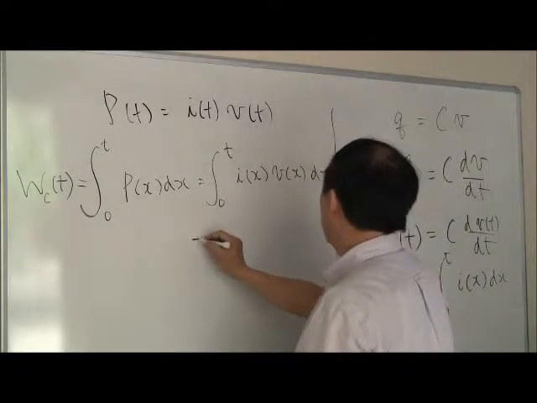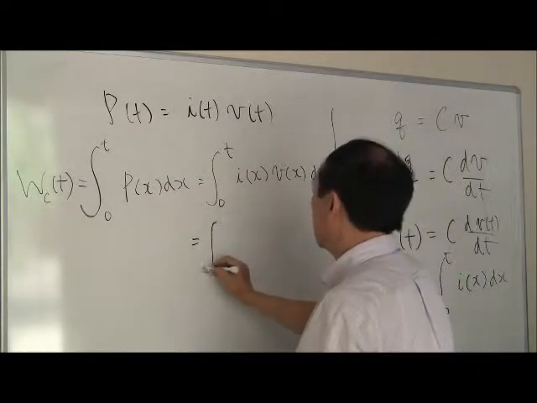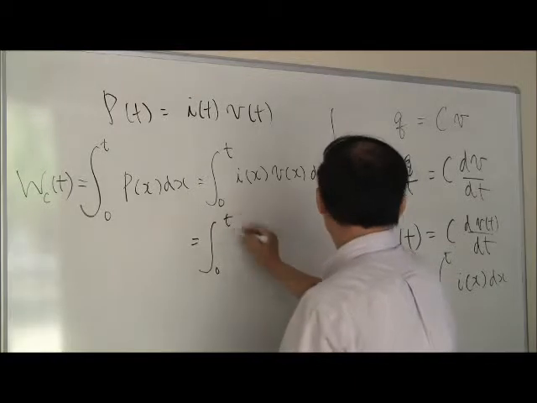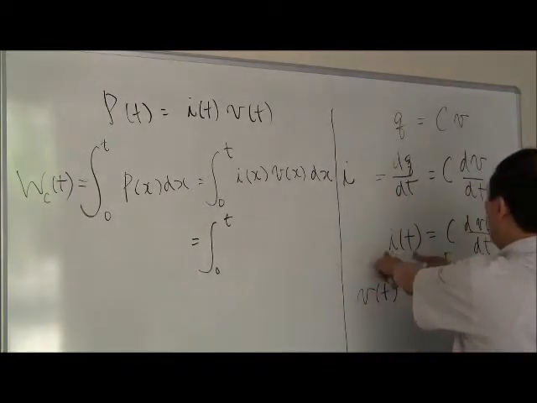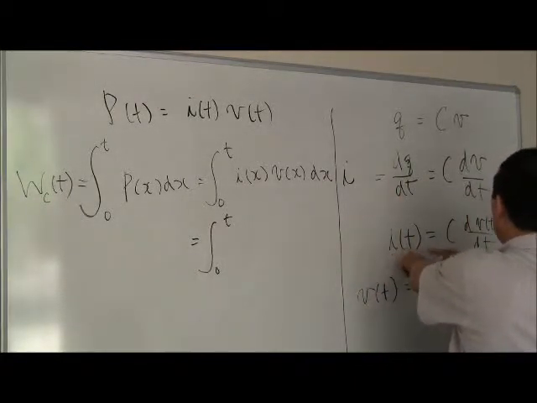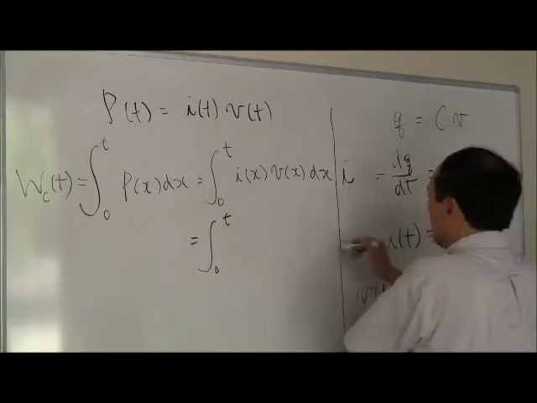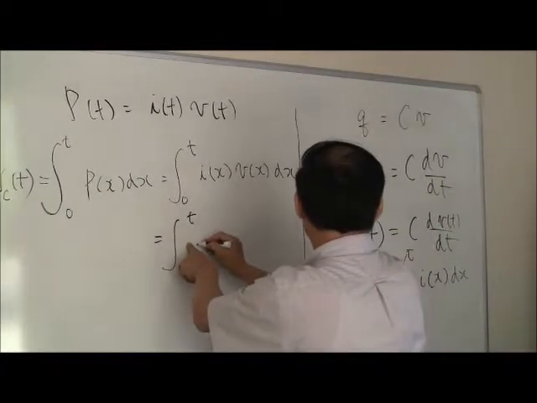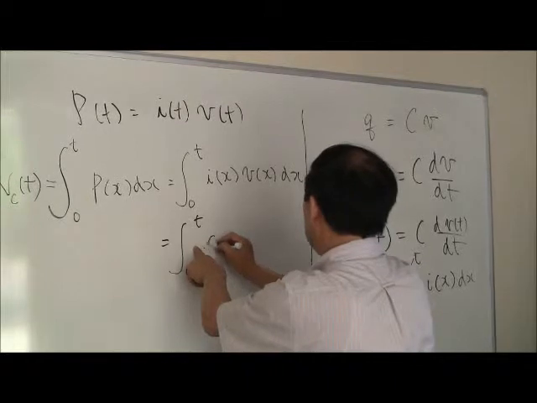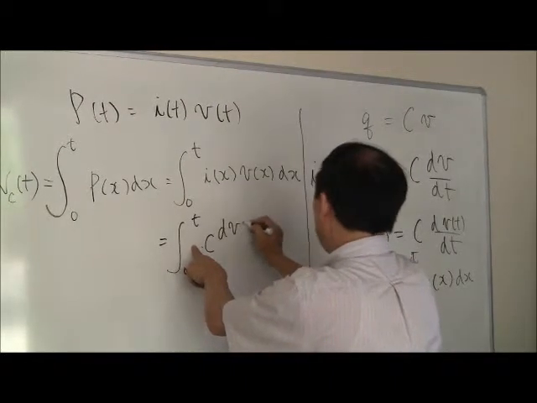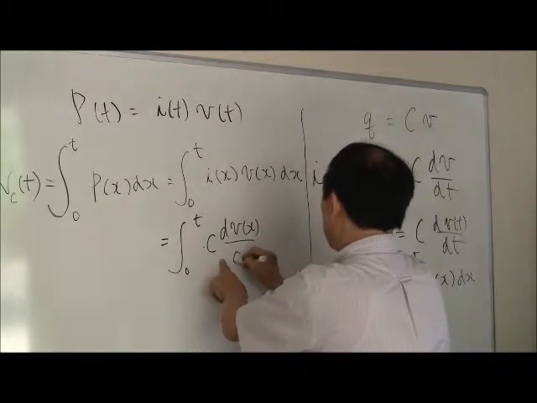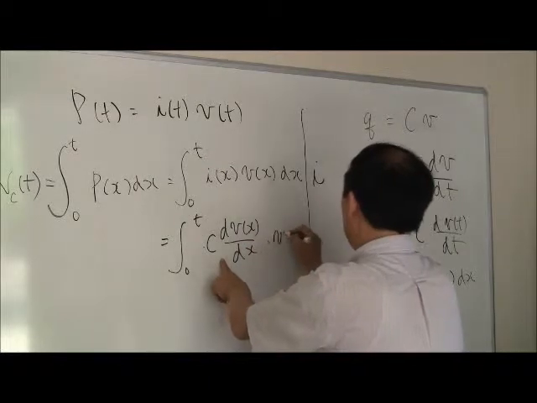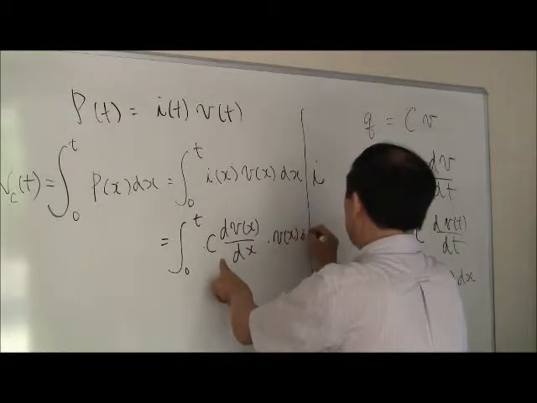So if you look at from 0 to t, given the fact that we have I of t equal to C dV/dt, we can write that I of x would then be equal to C dV of x/dx times V of x dx.